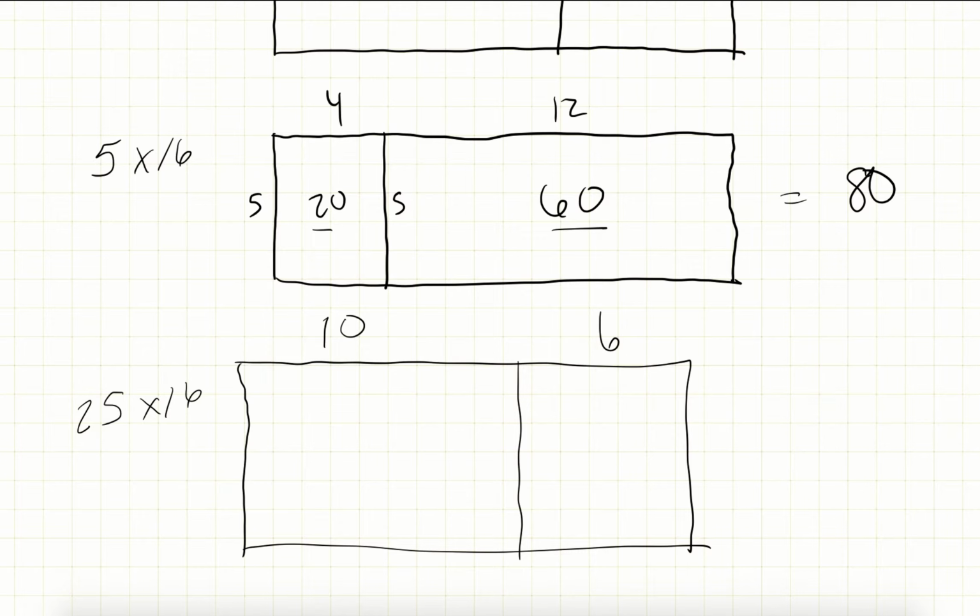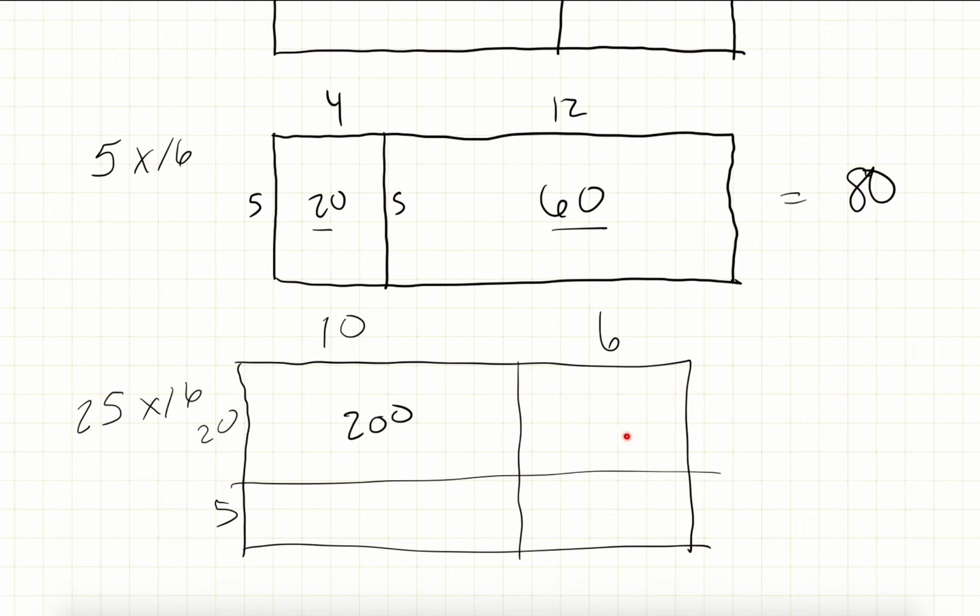But this time, I'm not just going to divide up the 16 into 10 and 6. Maybe I need to divide up the 25 also. So I'm going to divide it up into 20 and 5. And then now I have 4 boxes I have to find the area of. First, I have 20 times 10 is 200.